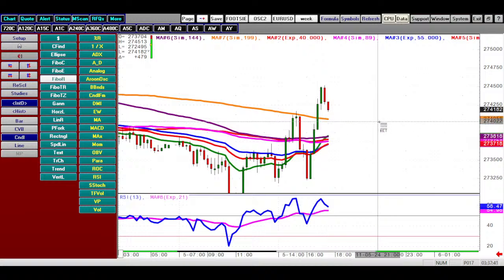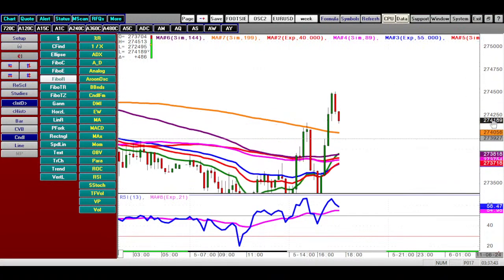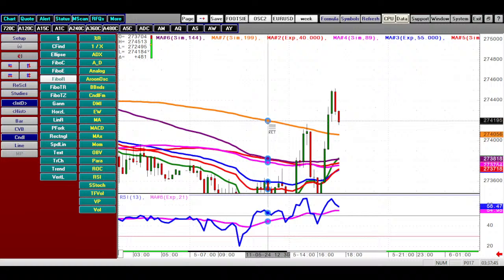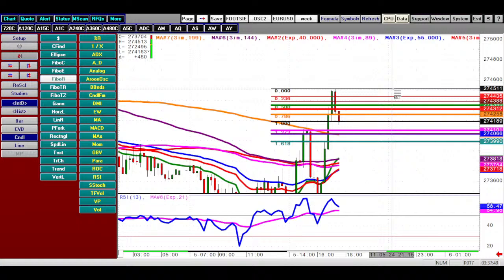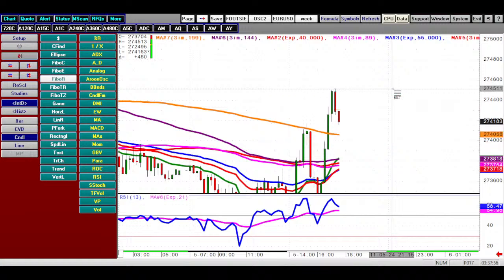Okay, I think 39 or slightly higher, so should be limited. So 40 half, that should be, never mind, I think we're already into the trade.